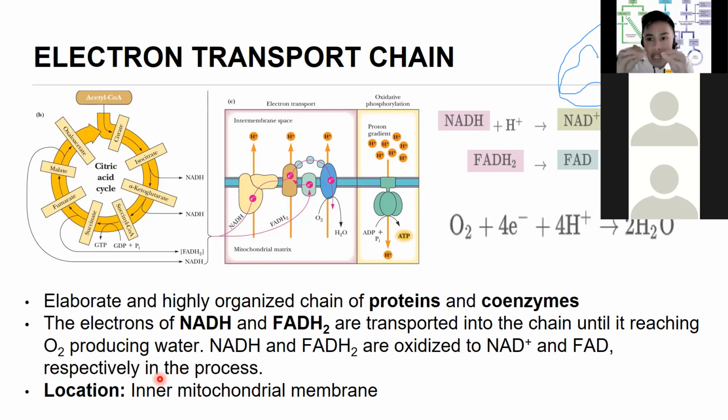So the NADH and the FADH2 produced in the matrix will then proceed to the electron transport chain located in the inner mitochondrial membrane. Okay? So that's the story of your electron transport chain.